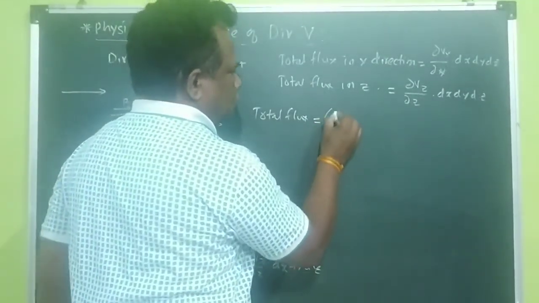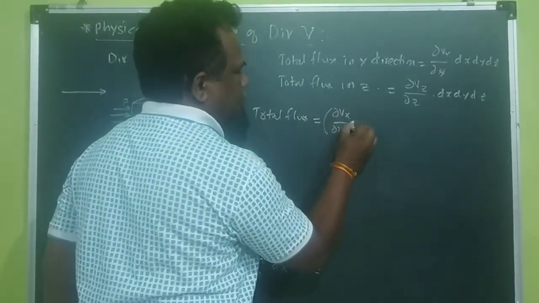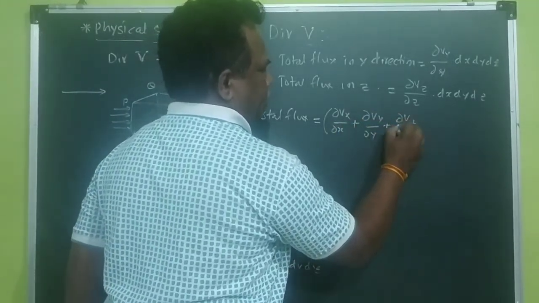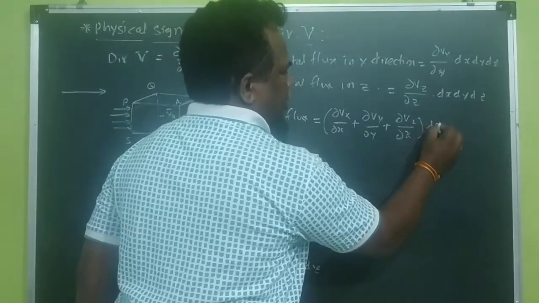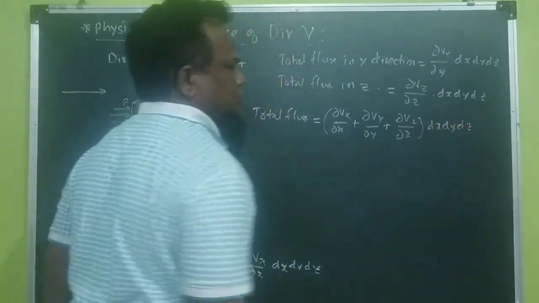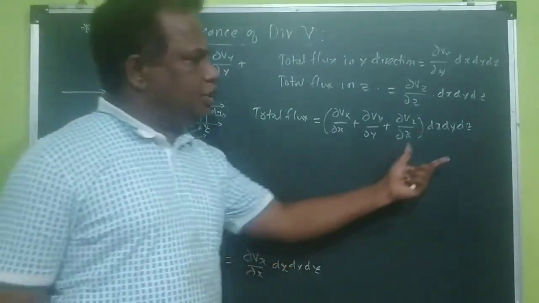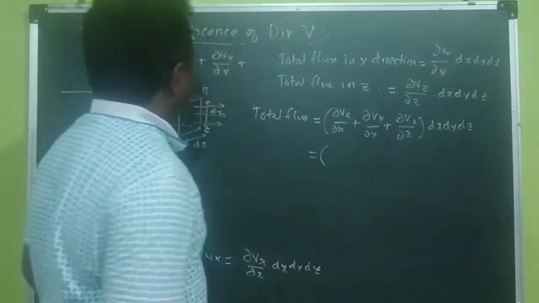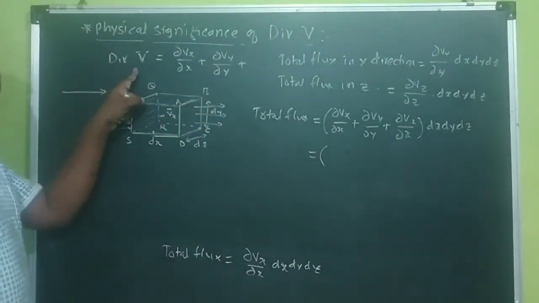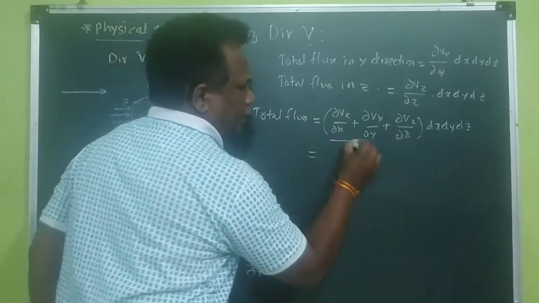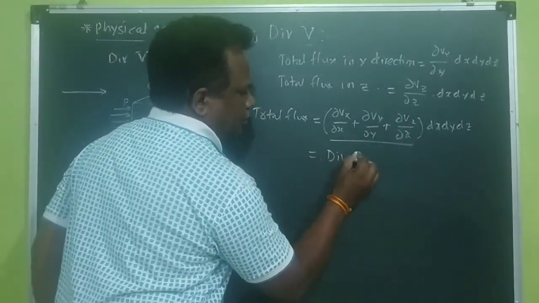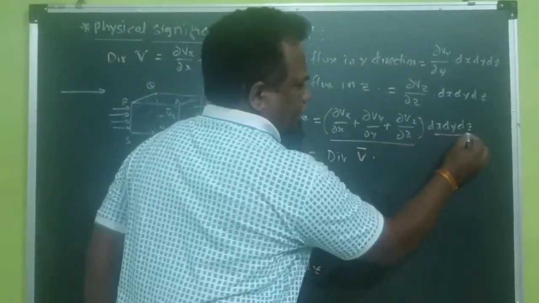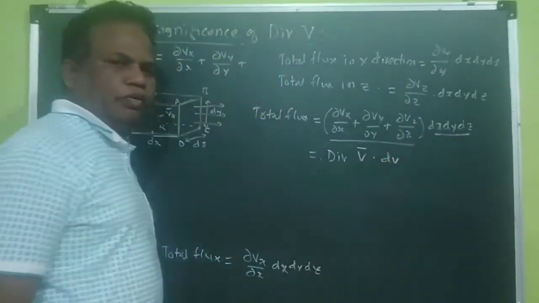So we can write (∂Vx/∂x plus ∂Vy/∂y plus ∂Vz/∂z) into dx dy dz. But you know what dx dy dz is? It is a volume. So this is nothing but, as we already said, the divergence of vector field. So this value gives the divergence of vector field V. Divergence of V into dx dy dz gives rise to dV, that is small volume.